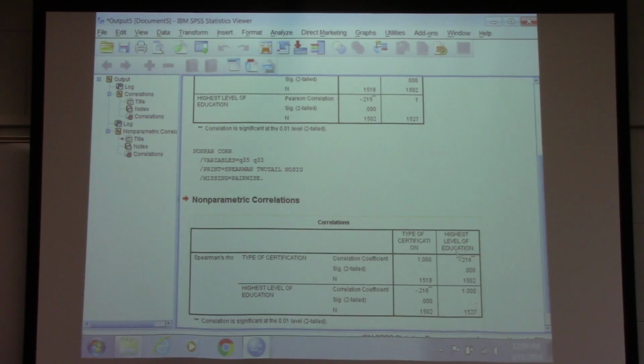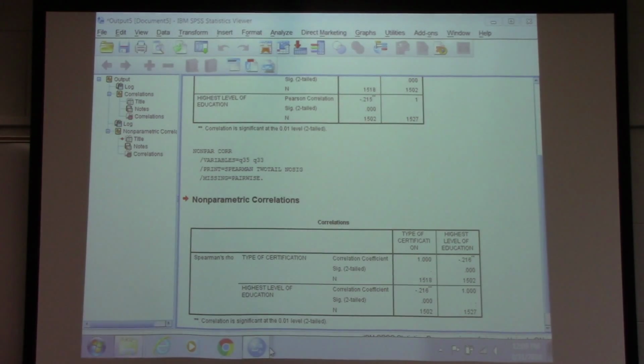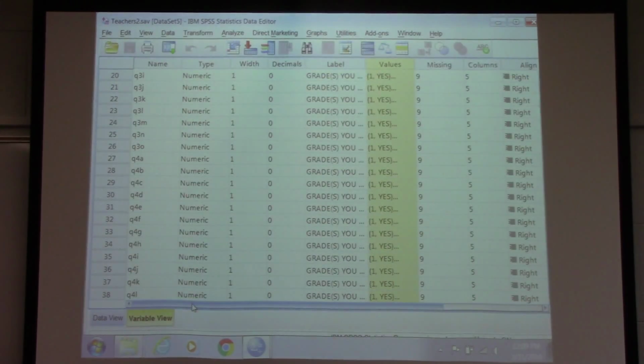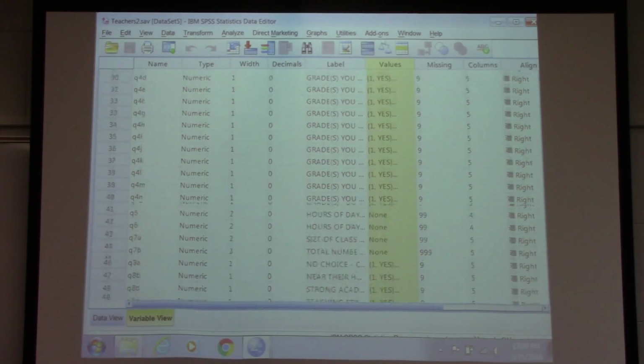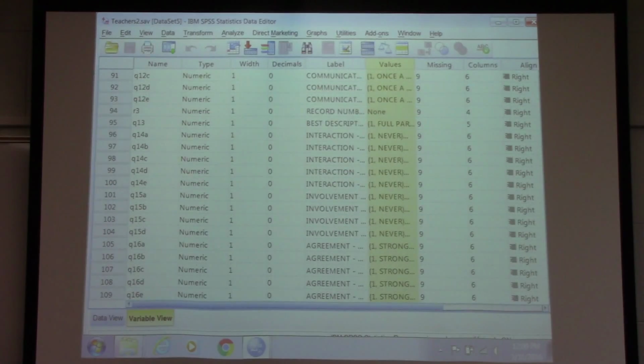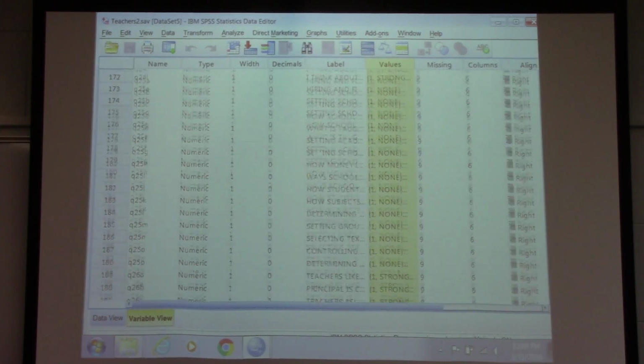So let's go back into the database and see what that really means. I'm going to scroll down and find those variables in my variable view. And I'm going to go down, and first I will find Q33.